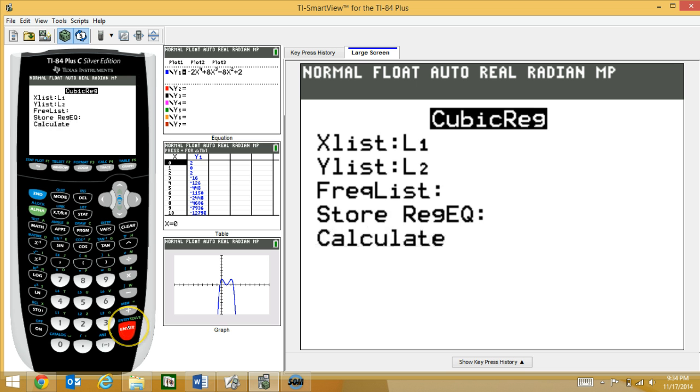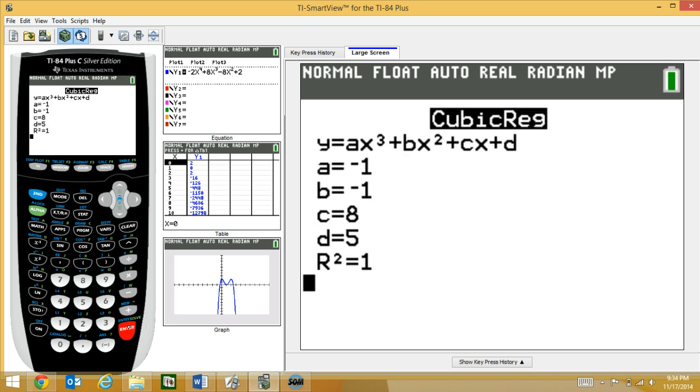So we're just going to go ahead and calculate. So you'll notice that cubic regression is of the form y equals ax cubed plus bx squared plus cx plus d, where a is -1, b is also -1, c is 8, and d is 5.